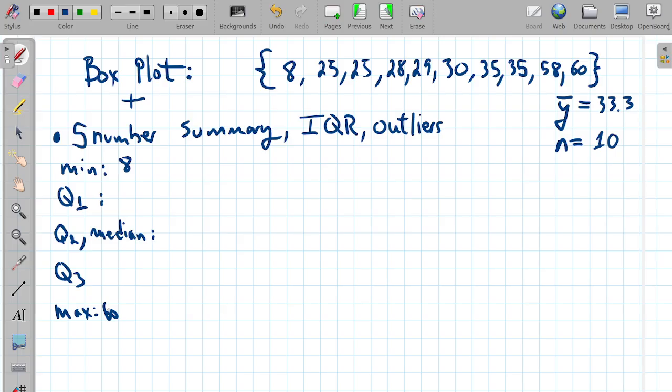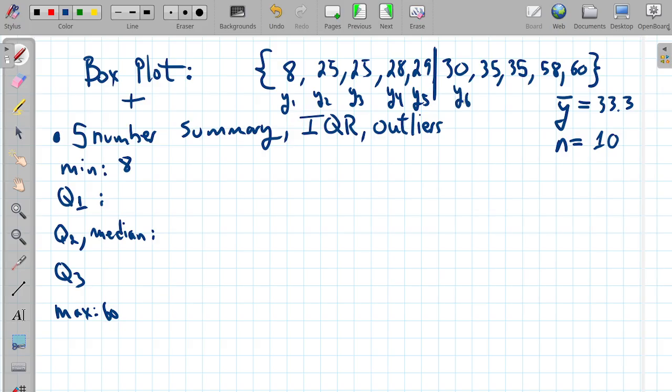Last lecture we talked about the median, and the median is halfway. So with 10 observations here, we're going to have to take the average of observation number 5 and observation number 6 to get the halfway point. This would be y1, y2, y3, y4, and y5.